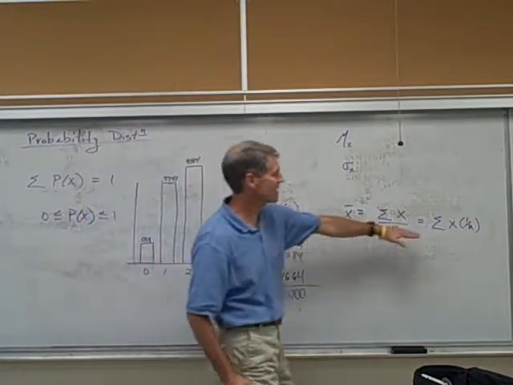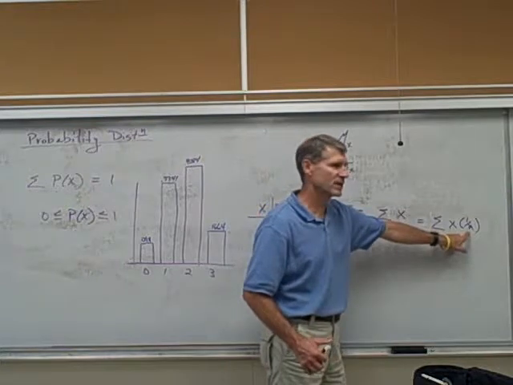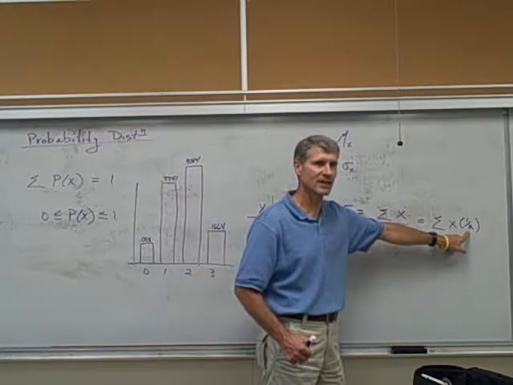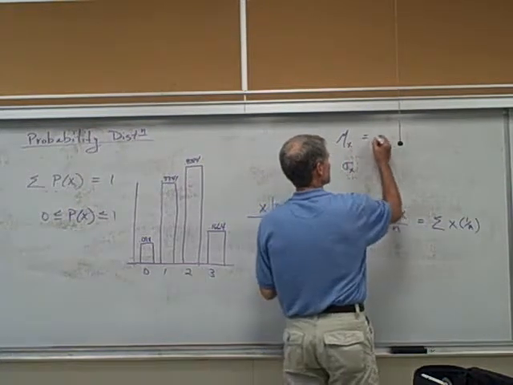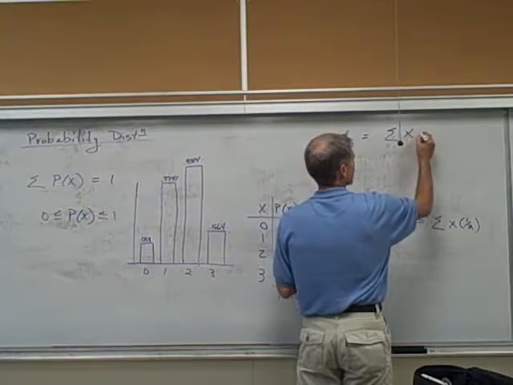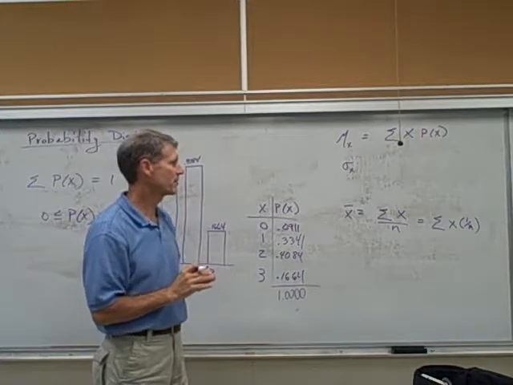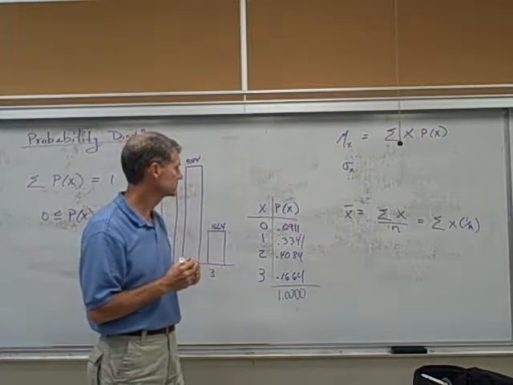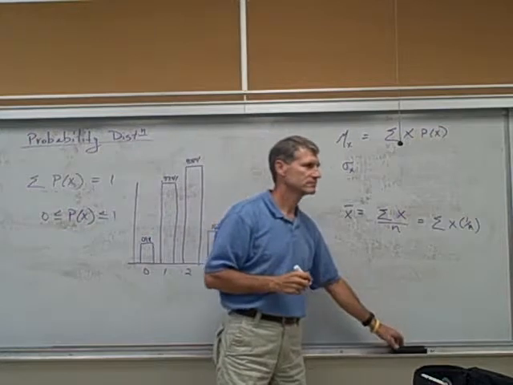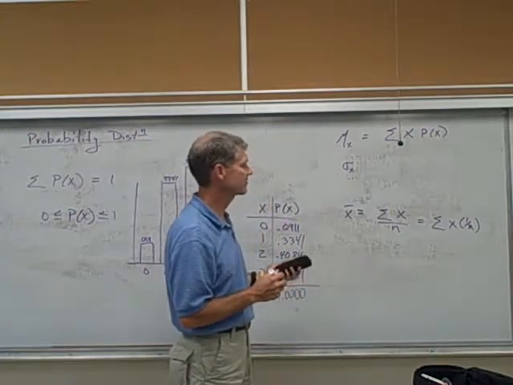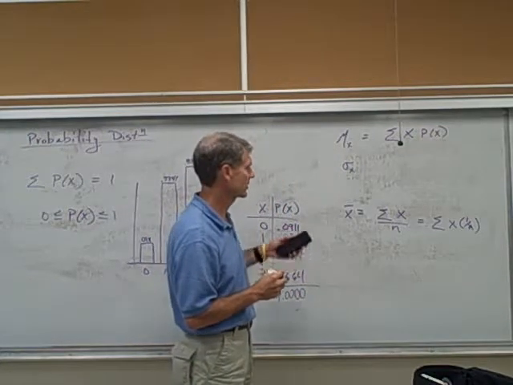So I can do this same thing, but replace the 1/n with the probability of getting that value. So the mean is the sum of each x times the probability of getting that x. And then sum them up. Sum of each x times its respective probability. That's another way to say it.